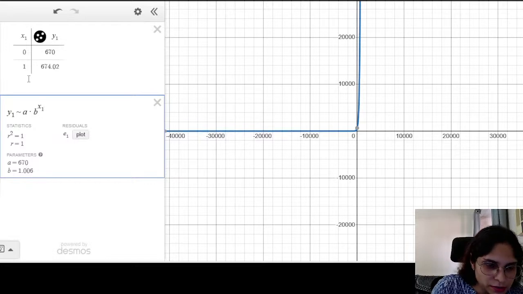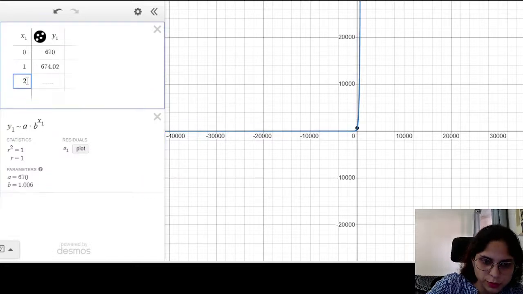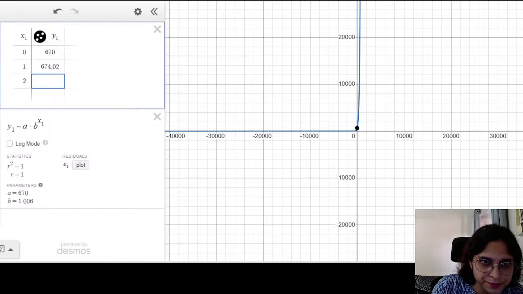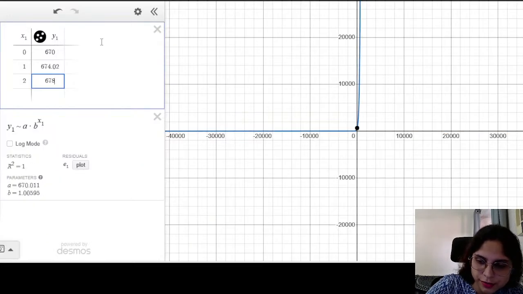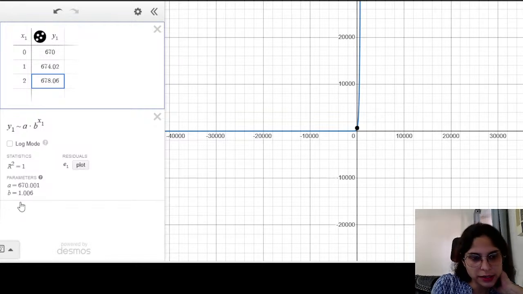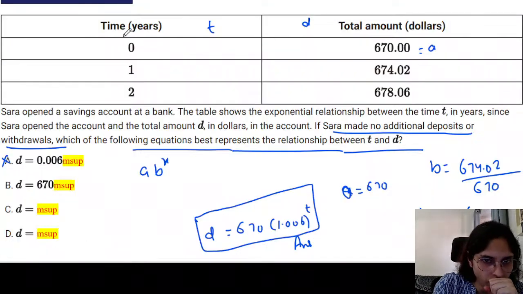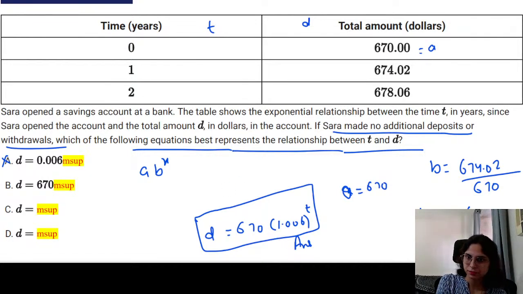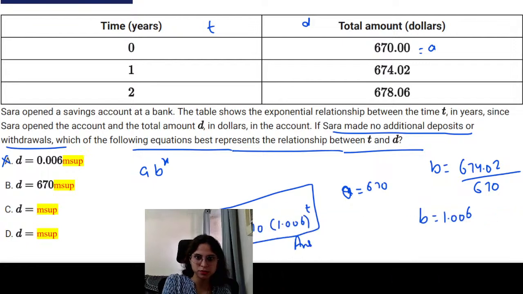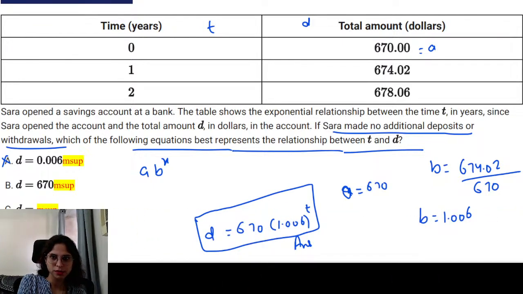Even if you type this third value, 678.06, you can do it, but there is no need. You will still get the same answer. Got it?